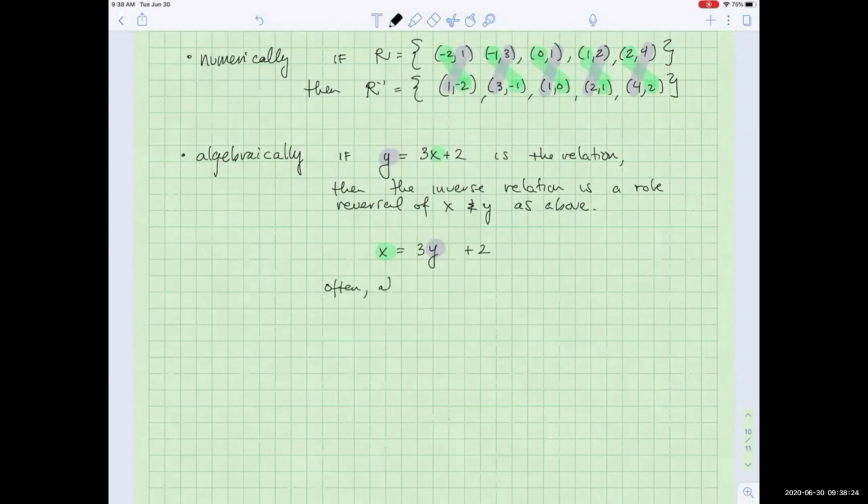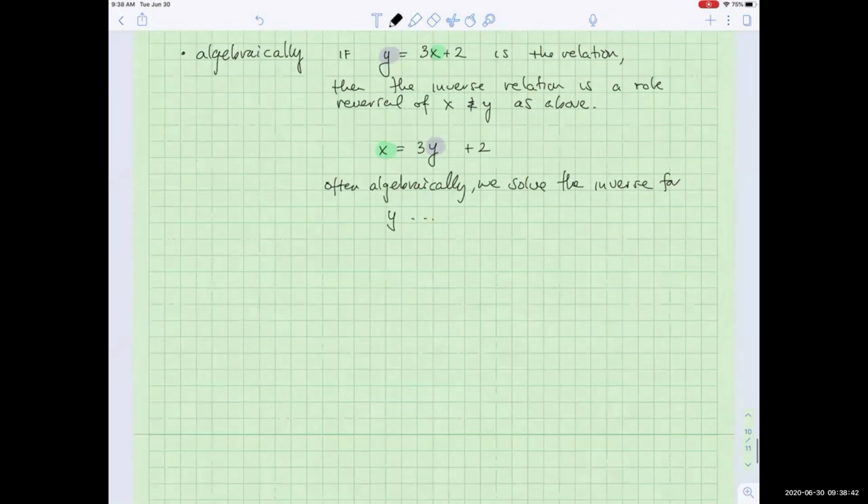Often, algebraically, we solve the inverse for y. So this would be something like x minus 2 is equal to 3y, or y is equal to 1/3 x minus 2.